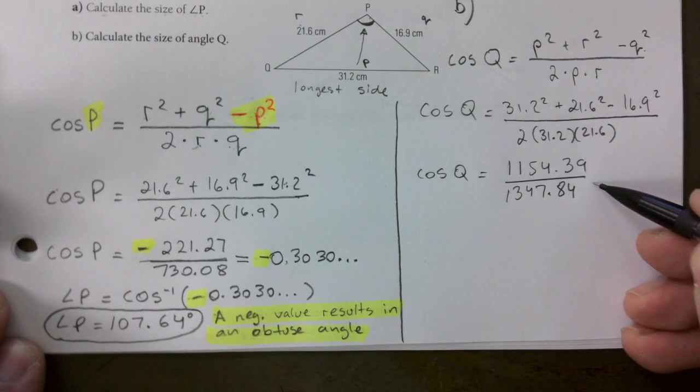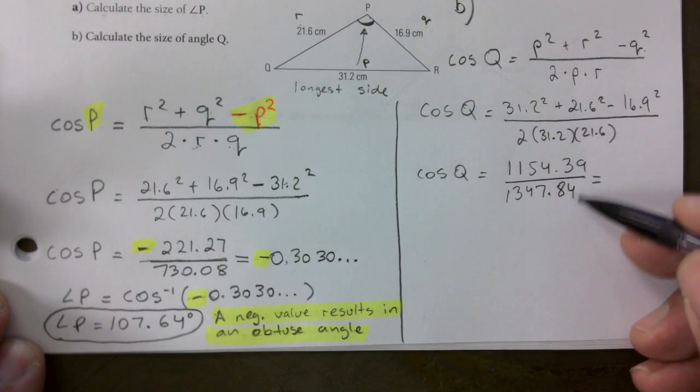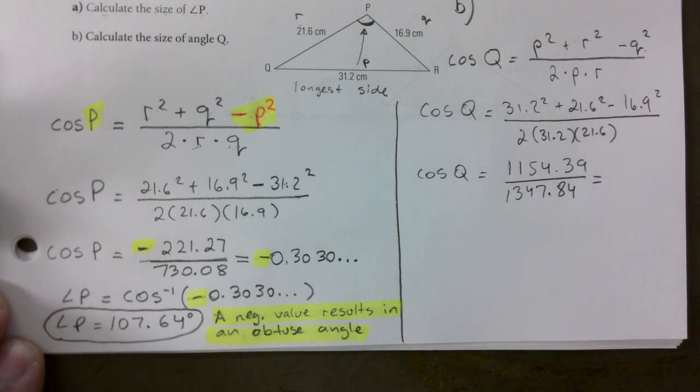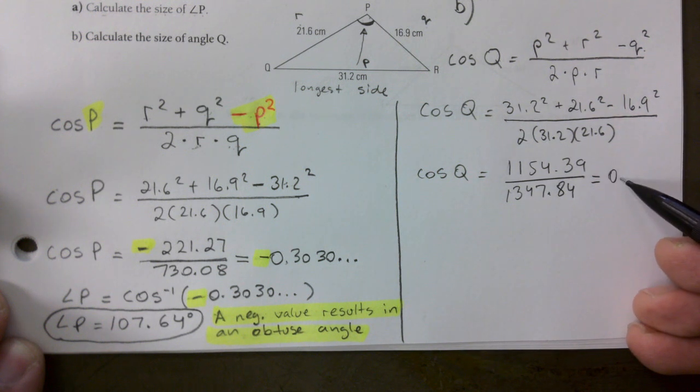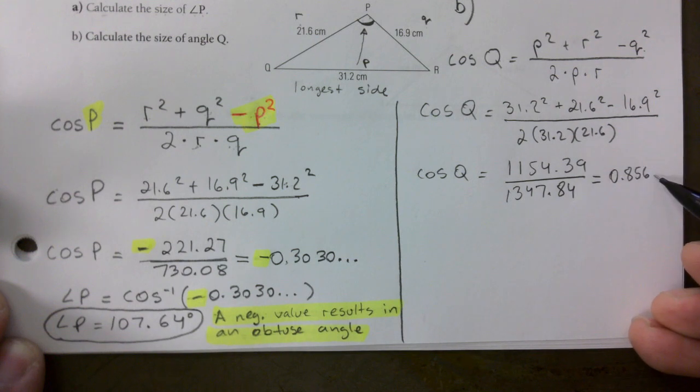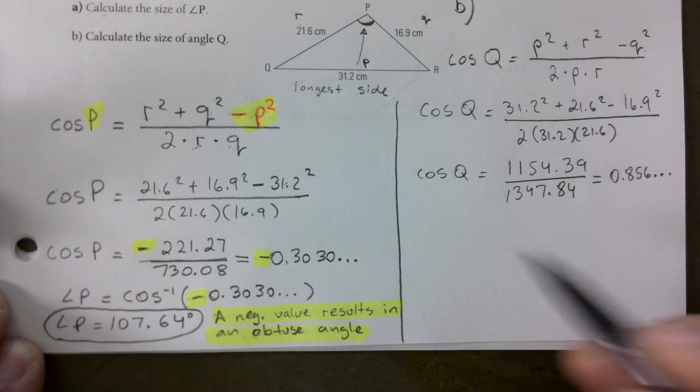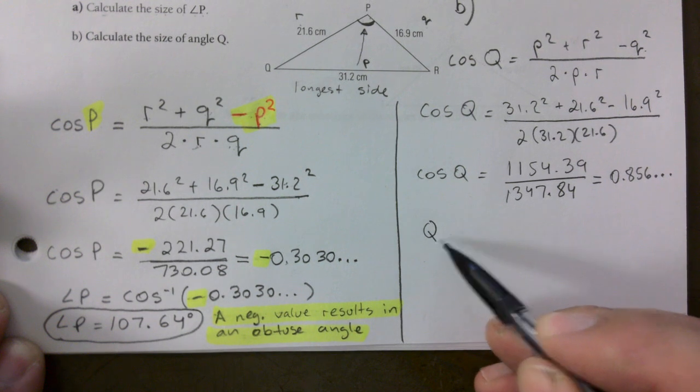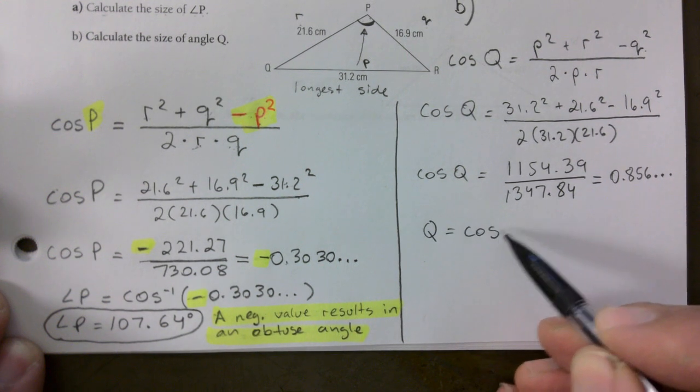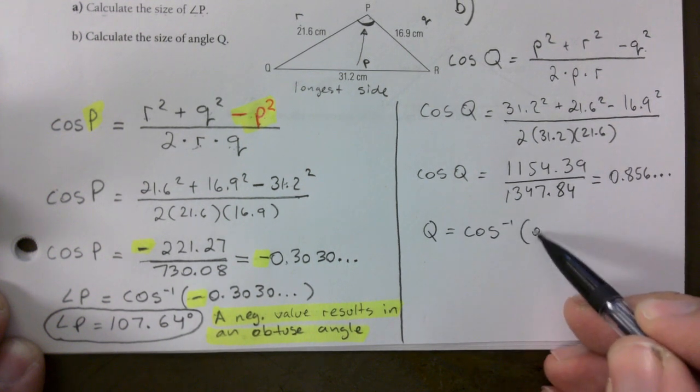And I always like to write down next to it what this would be if you divided it. So it's 1154.39 divided by 1347.84. That's 0.86... Angle Q is going to be the inverse of that.